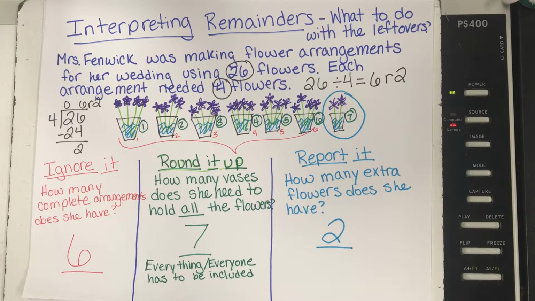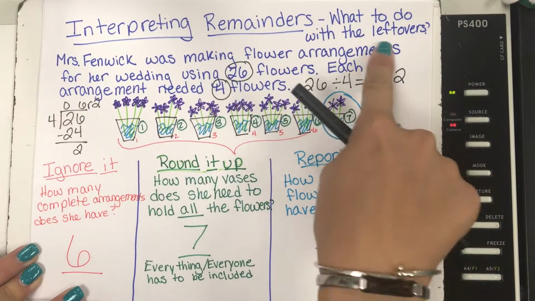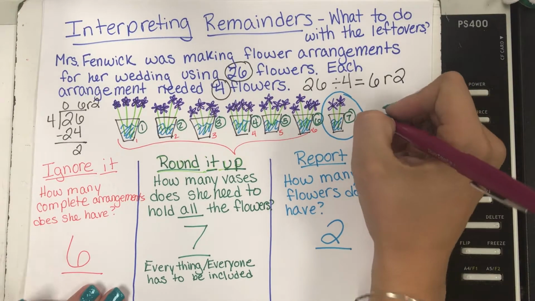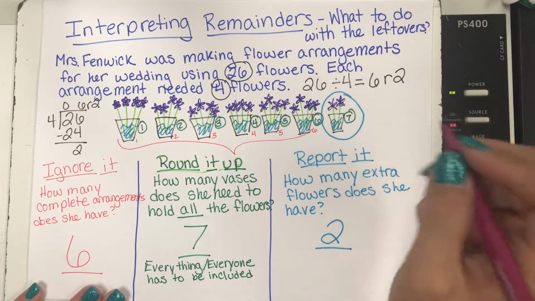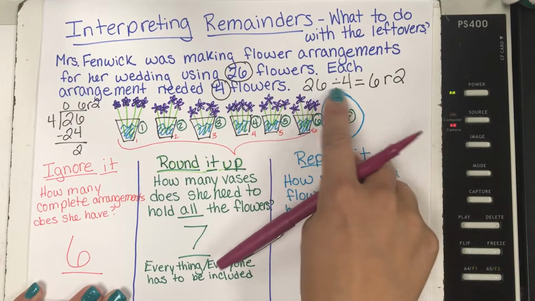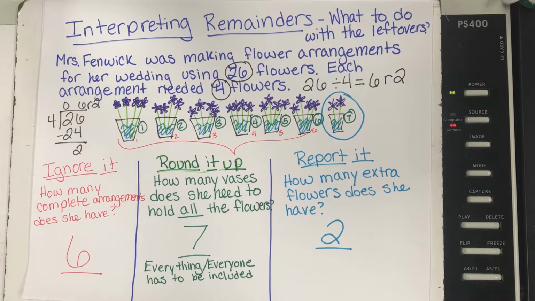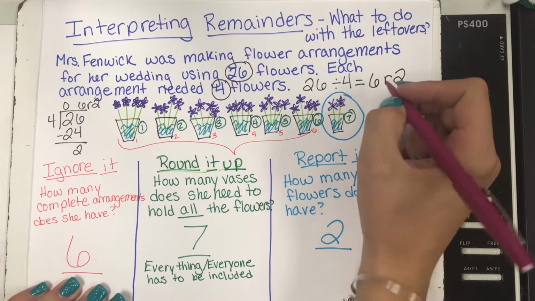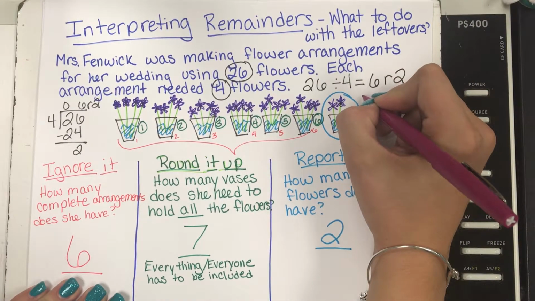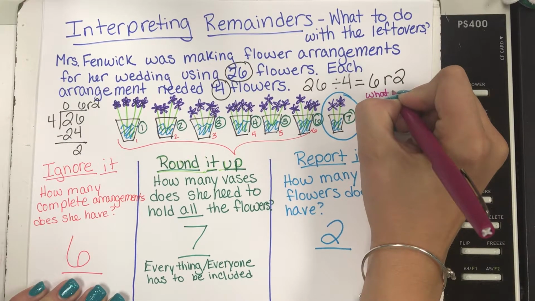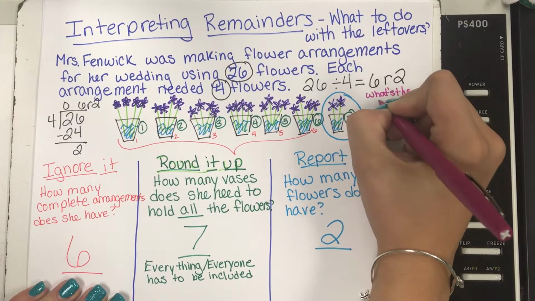Do you see how even though I used all the same information, there's one thing that's different? And that is, you don't know the answer. I can find 26 divided by 4 is 6 remainder 2, but if it's a word problem, I don't know the answer to that word problem until I know what the question is. So in my brain, I'm going to think, what's the answer?